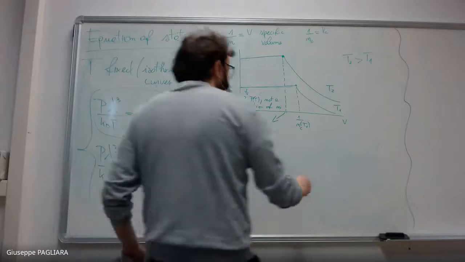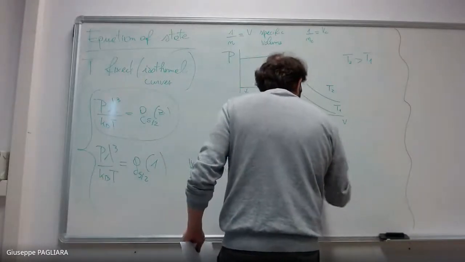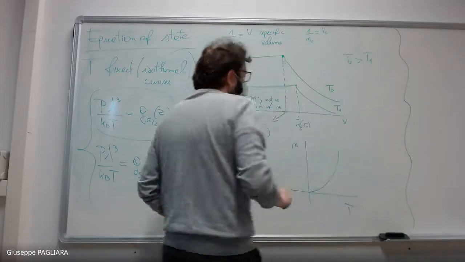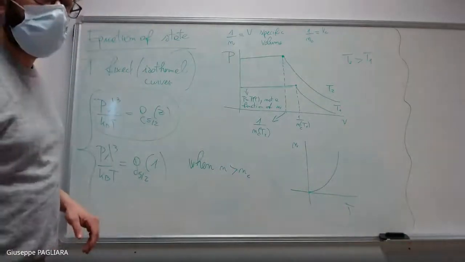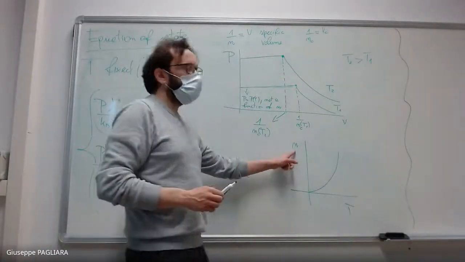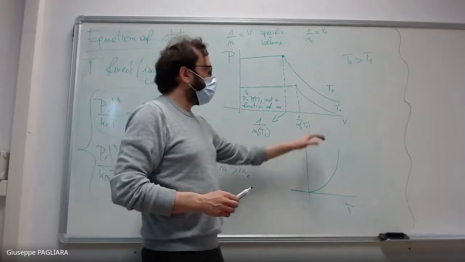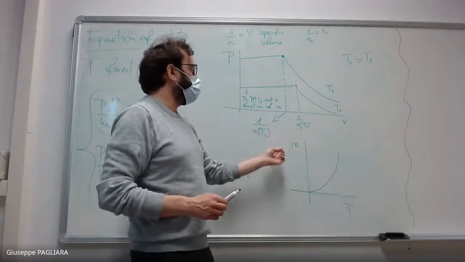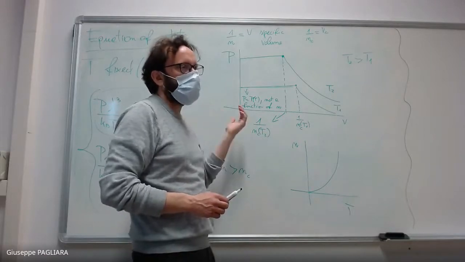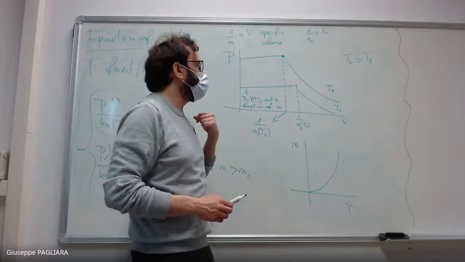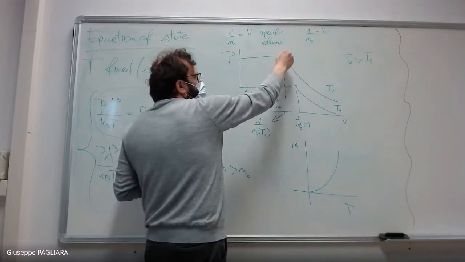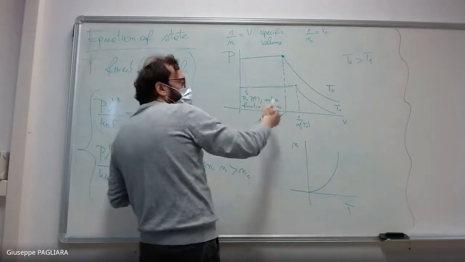Okay, let me see if this is correct. If I have the nT plot, the line was going in this direction. So therefore, at larger temperatures, I will get a larger value of the critical density, and therefore a smaller value of the critical specific volume. Because if the density is larger, the specific volume is smaller. That's why this point here, this continuity point, gets to a smaller value.